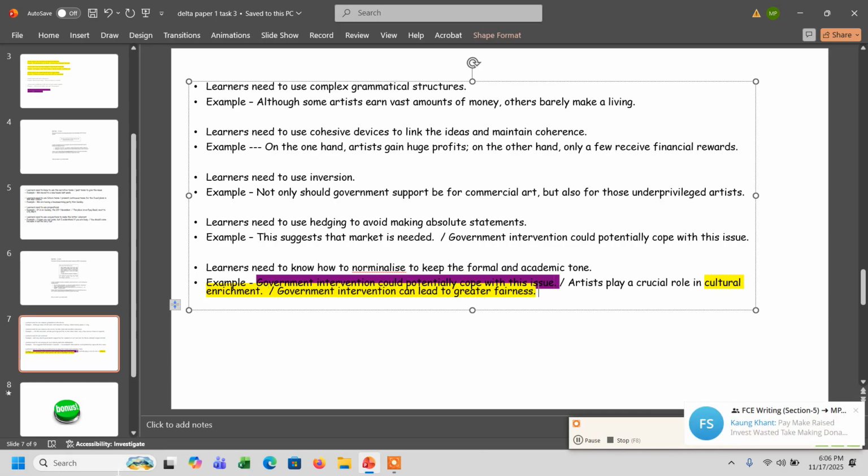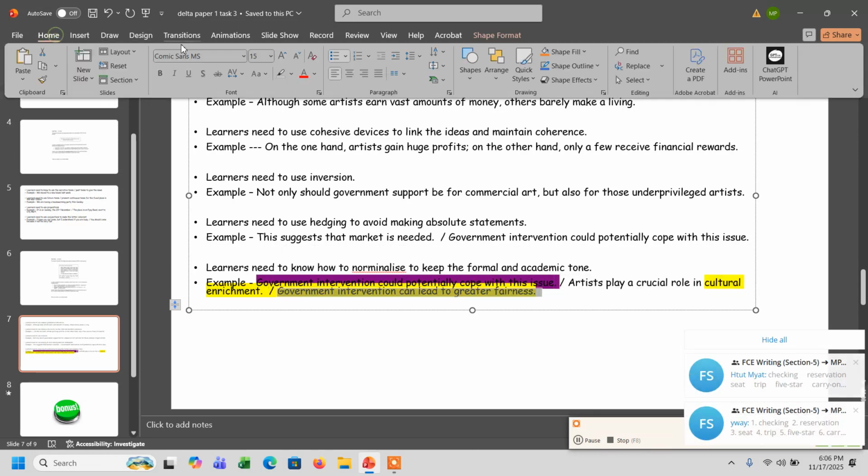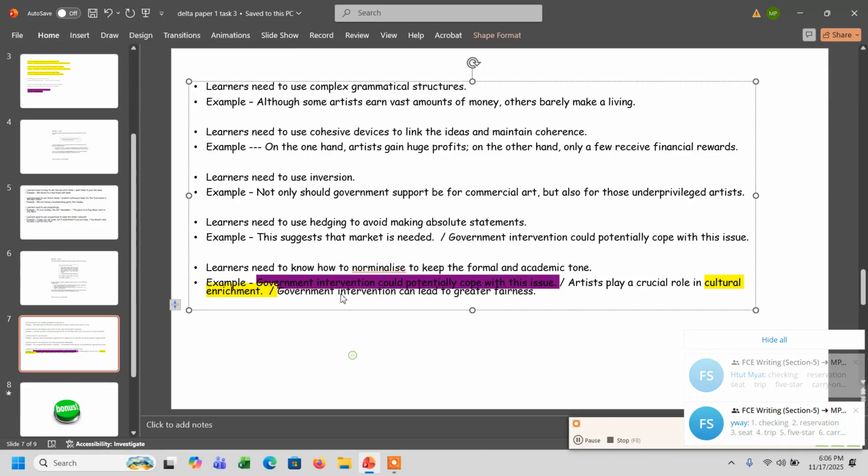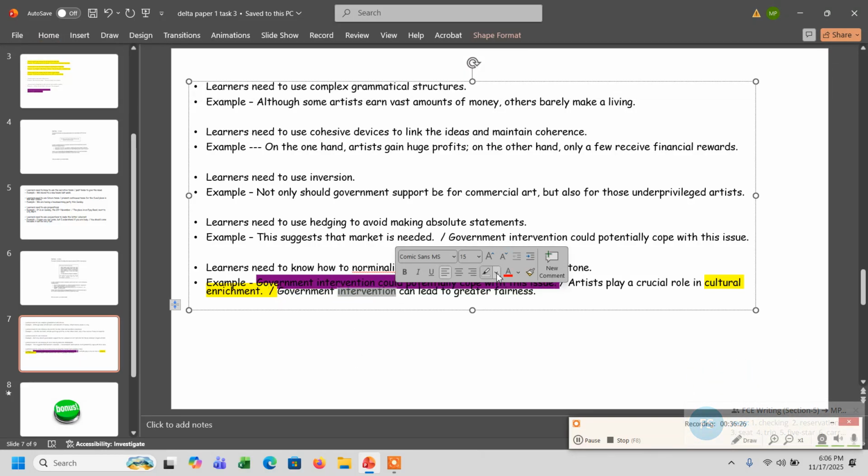Okay, so government intervention is the nominalized form. If governments intervene, if we write it in the normal way, it would be fair, but here I change it into noun form, so this is the way we nominalize.